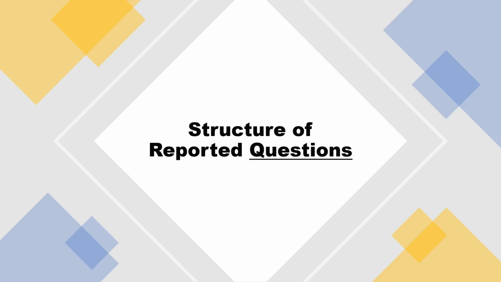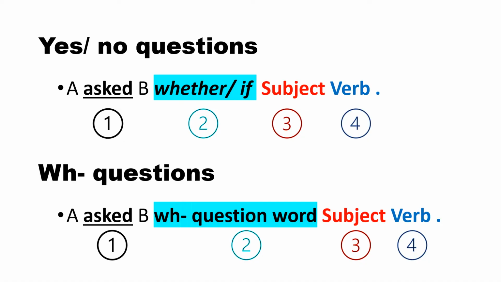So, what exactly is the structure of reported questions? We use these structures to report yes-no questions and WH questions. But first, let's recap what yes-no questions and WH questions are.